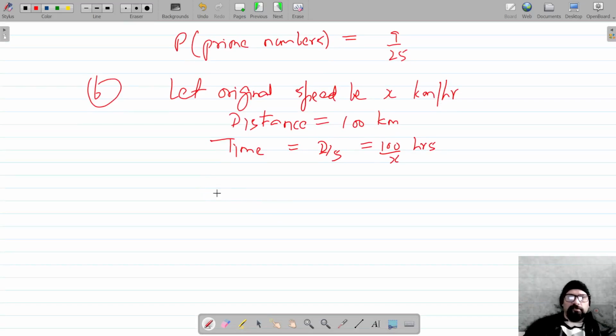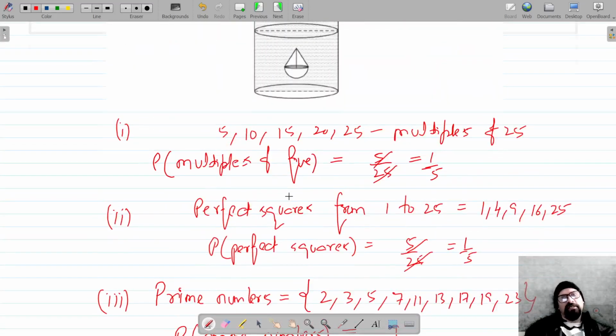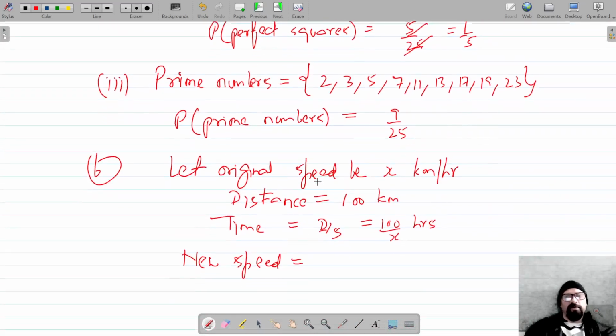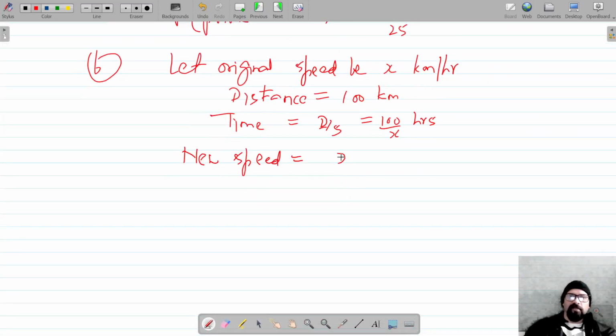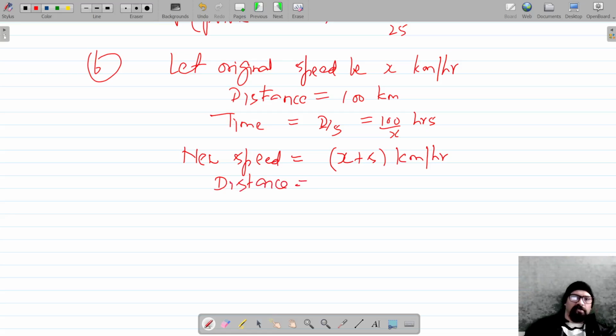Okay, now the new speed. Let's consider the new speed, if it had been 5 km per hour more, so this is x plus 5. This new speed is for the same distance, that is 100 kilometers.